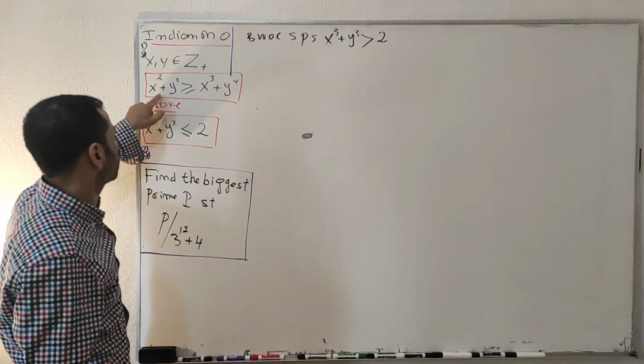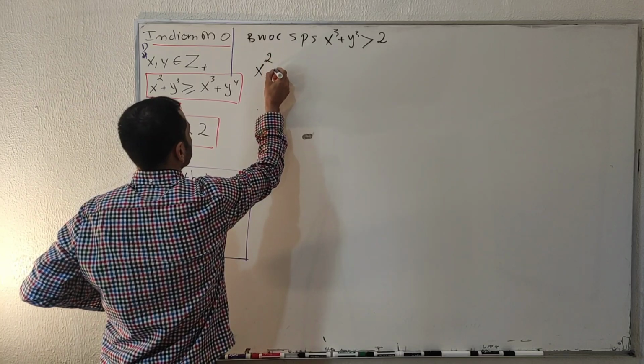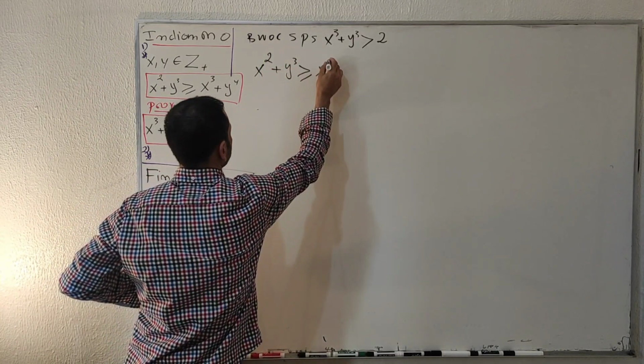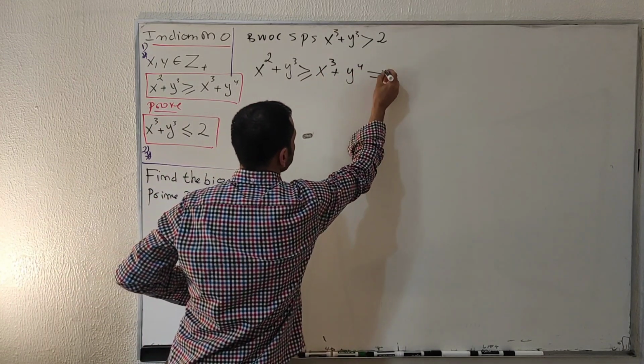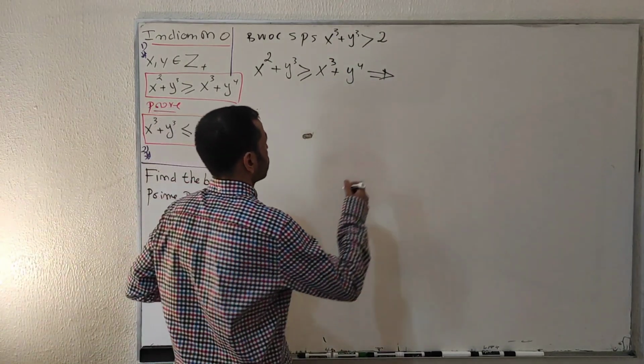The given information: we have this inequality, x squared plus y cubed is greater than x cubed plus y to the fourth. I'm going to translate this into another form.